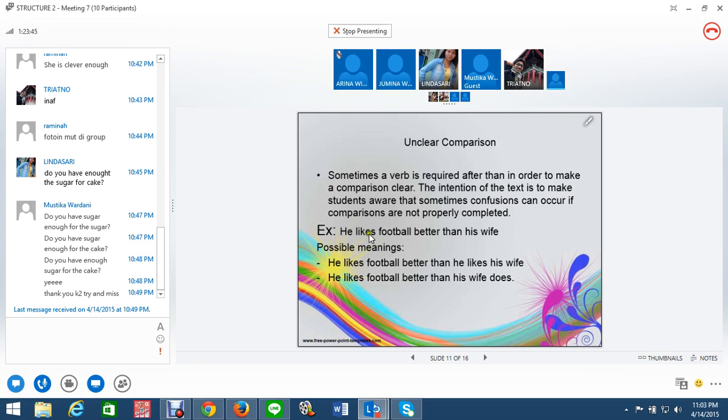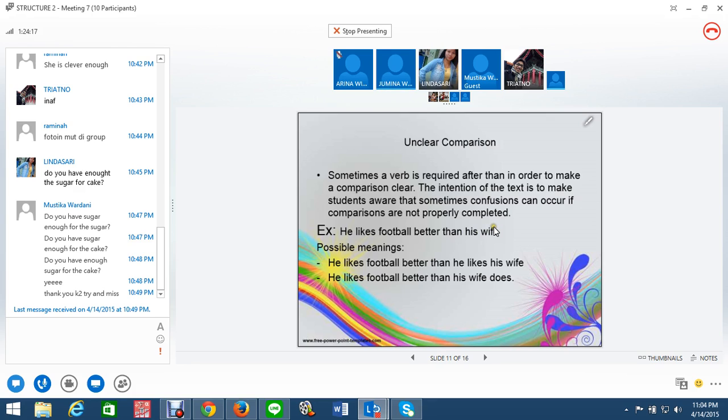Kenapa dikatakan unclear? If we refer to the meaning or the sense, it doesn't make sense, right? Jadi ada dua kemungkinan dari kalimat ini. Dia menyukai football daripada istrinya. Jadi ini namanya unclear comparison. So we have to avoid unclear comparison. Kita harus menghindari atau mencegah unclear comparison.